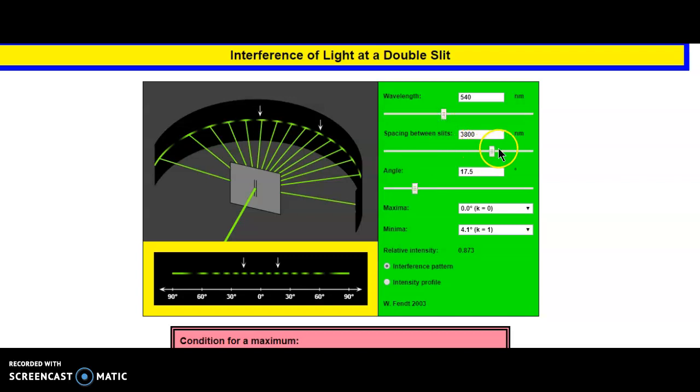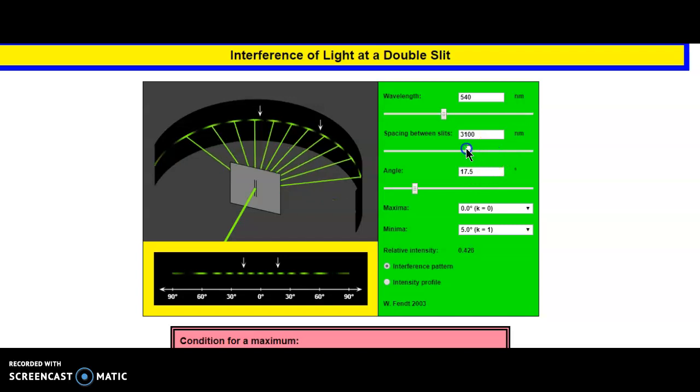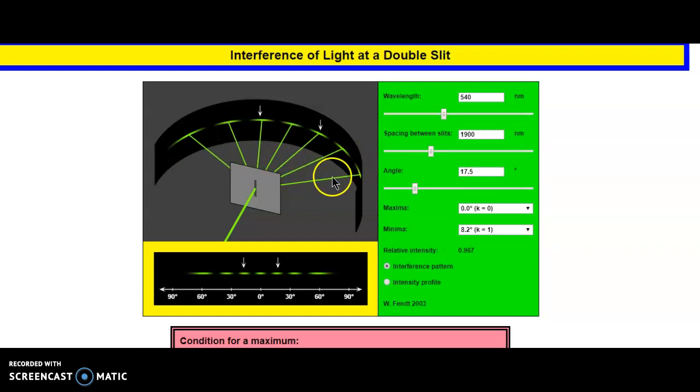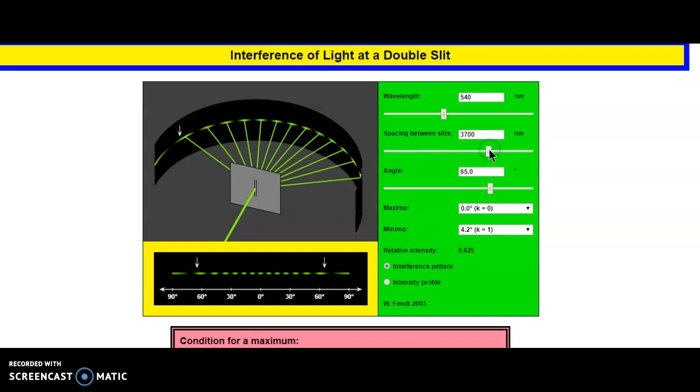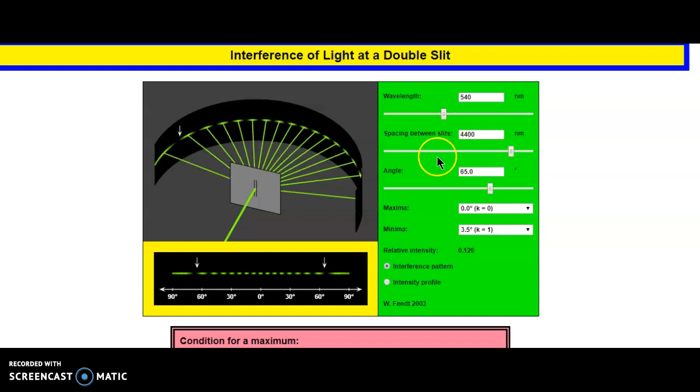Let us see how spacing affects it. When we decrease the spacing, we have fewer light patterns. We increase it here. I'm just manipulating the spacing between the two slits. As I increase the distance between the two slits, I have many more constructive light fringes here.